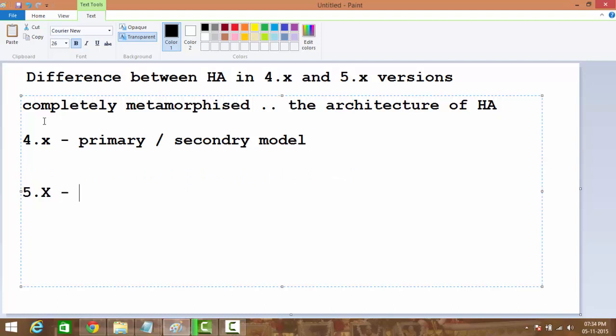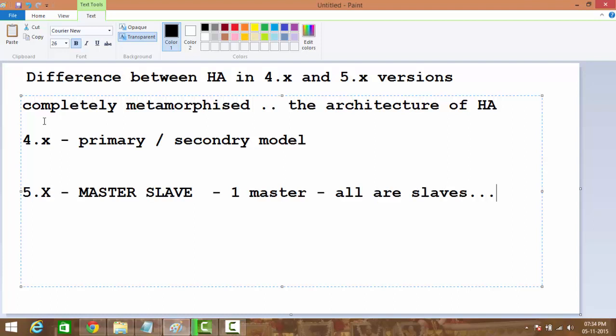What they changed in ESX 5.x is that now they changed this to a master-slave model, where there is one master and all others are slaves, right? So now all my slaves talk to the master server.